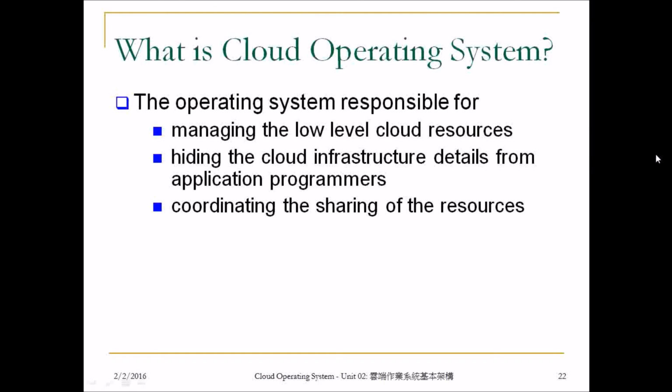So, the cloud operating system tries to virtualize all the computing resources and merge them as a service to the client user. And the user doesn't need to know the infrastructure information.